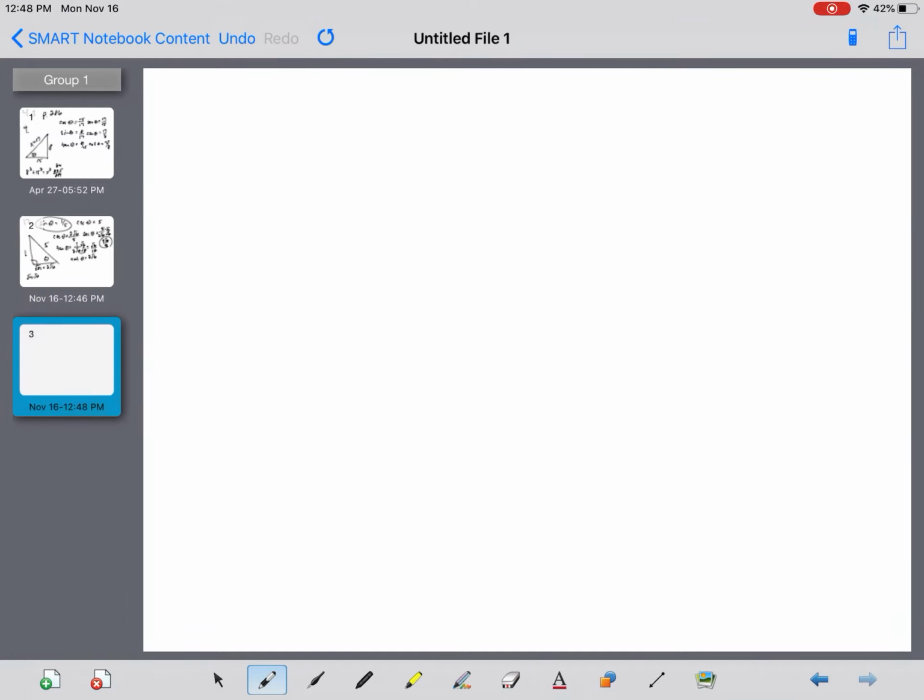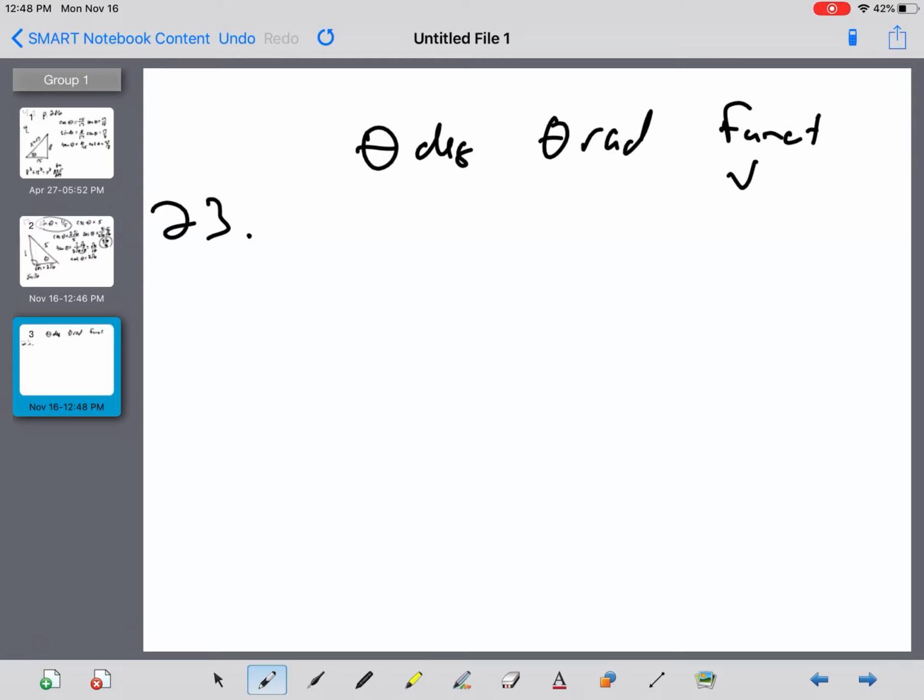When you get to 23, and problems like this, they have 3 columns. It says theta in degrees, theta in radians, and then function value. For 23, they give you the angle pi over 3, and they want you to find the secant.